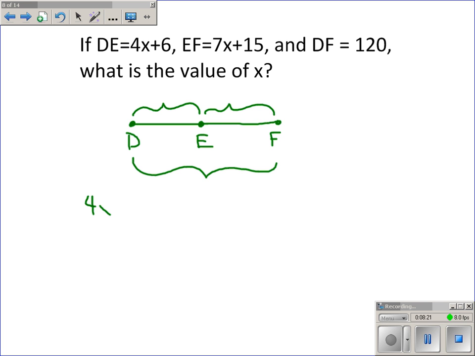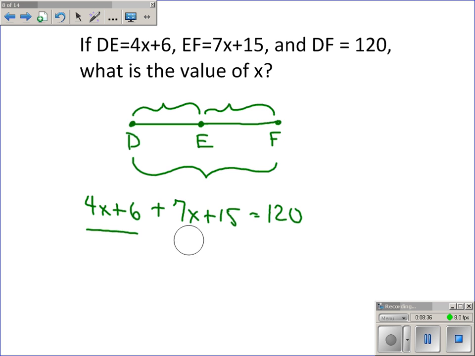So 4x plus 6 plus 7x plus 15 should be equal to 120, because this part plus this part is equal to the whole.